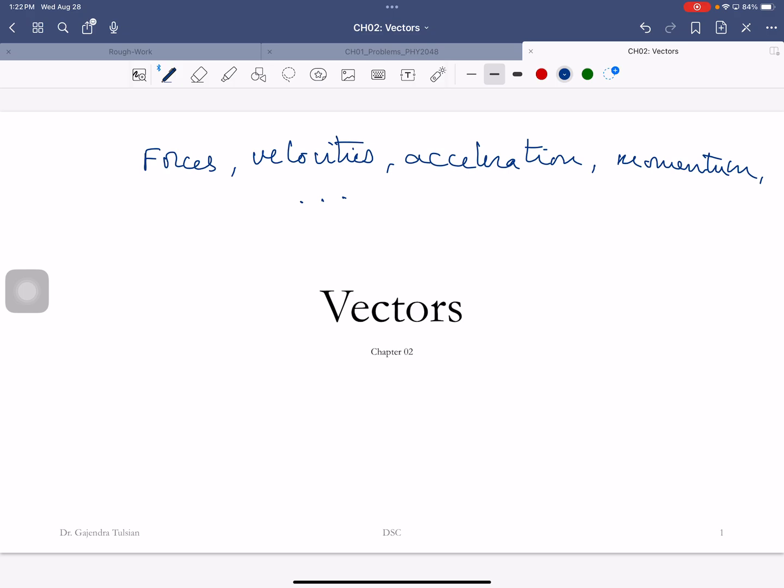These are quantities that have magnitude and direction to them. There are other quantities you learn, like temperature, pressure, mass, and so on, where you just need one number to specify them. And those are scalars.